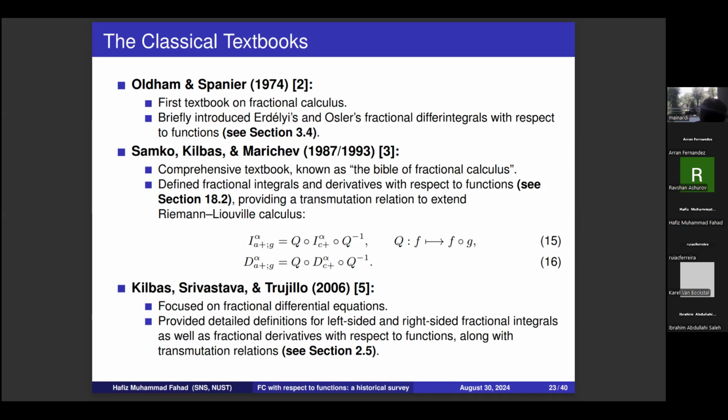And we see the classical Riemann-Liouville type fractional operators on the right-hand side here. So Kilbas, Srivastava, and Trujillo focused on fractional differential equations and offered detailed definitions and transmutation relations again of fractional calculus with respect to functions in section 2.5 of their book.